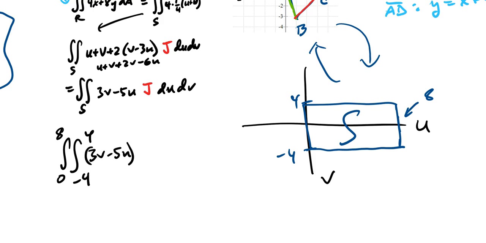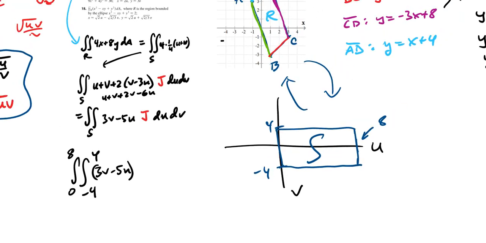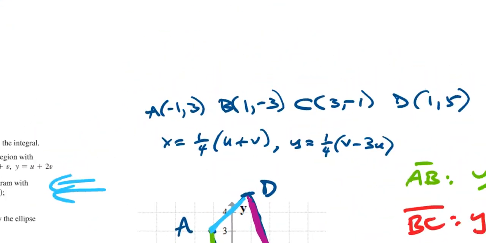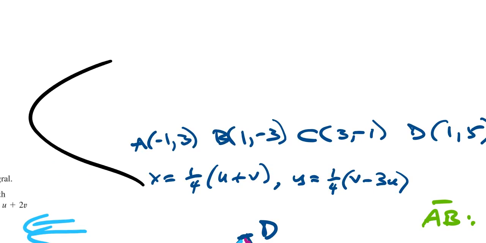And now we figure out our Jacobian. To figure out the Jacobian, you have to get the x and y in terms of u's and v's, so we'll do it up here. My Jacobian will be x sub u, which would be 1/4, x sub v, which would be 1/4, y sub u is -3/4, y sub v is 1/4.